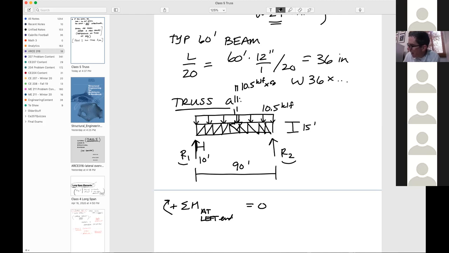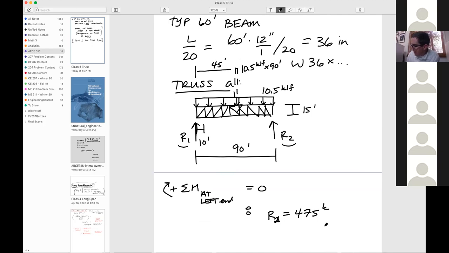You're going to multiply that by 90 feet, and it's going to end up going right in the middle at 45 feet. So you could also just use the fact that it's a symmetric loading. And so either one of those would give us, in the end, if we do it at the left end, R2 is going to be equal to 475 kips.